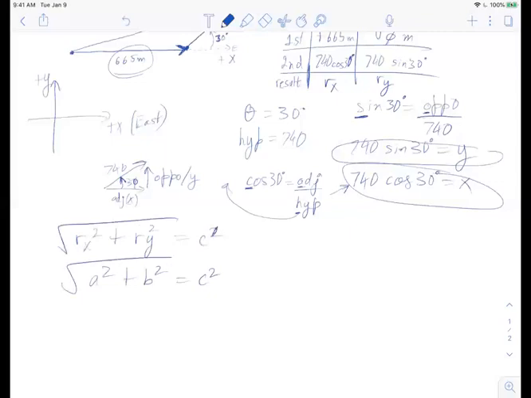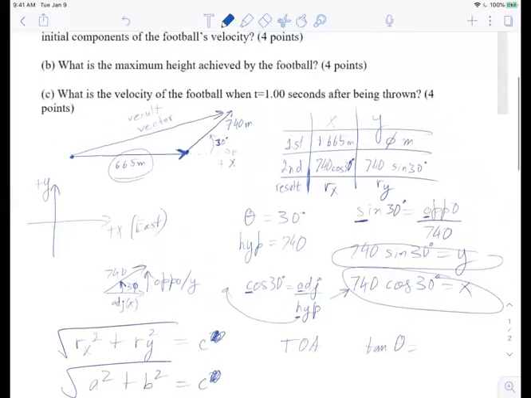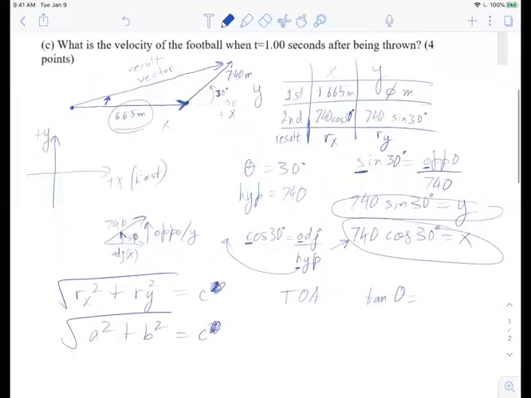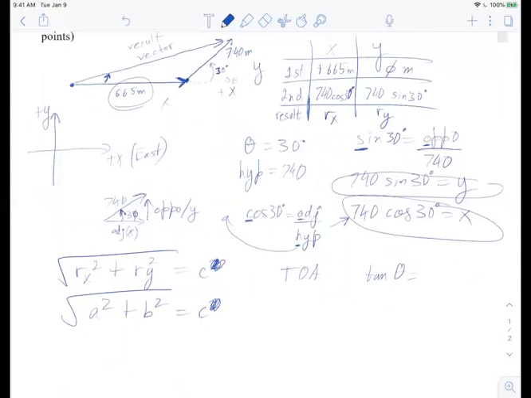If you had to find the angle, you would use TOA: tangent of the angle is opposite over adjacent. For the resultant vector, the opposite is Ry and the adjacent is Rx.